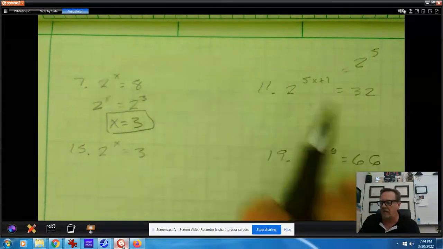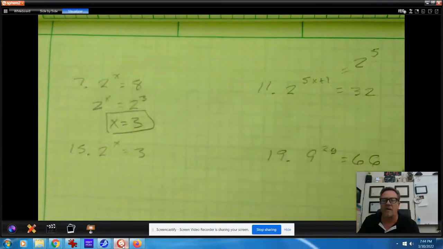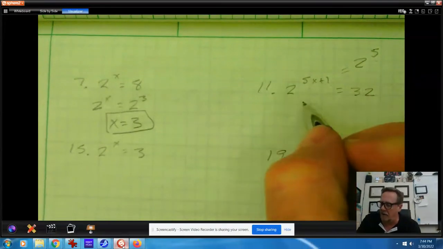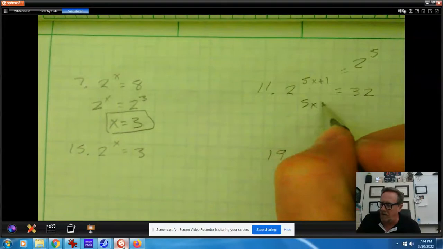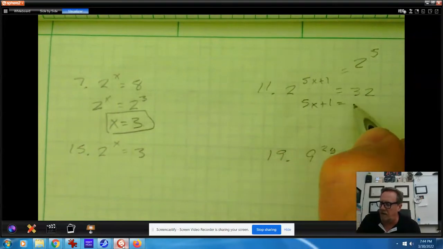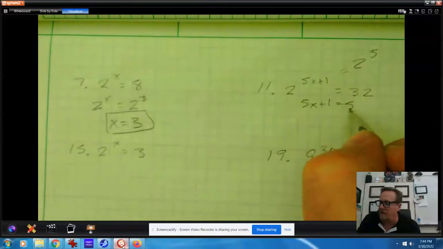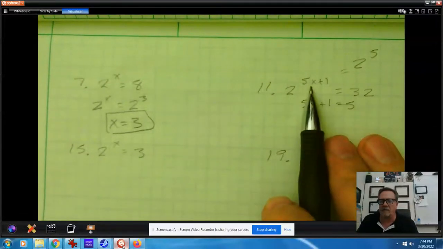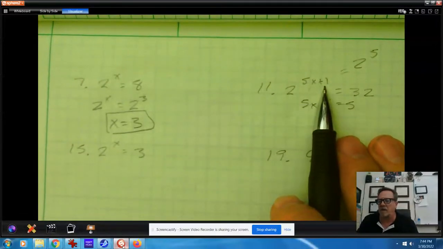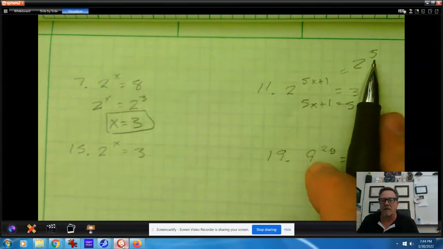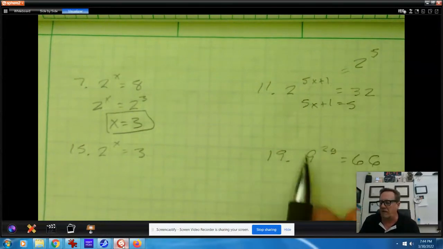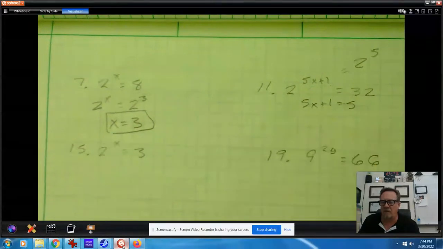I don't have to worry about the bases anymore because the exponents are going to be the same. So I'm going to write 5x plus 1 is equal to 5. The exponent 5x plus 1 has to be the same as the exponent here, 5.